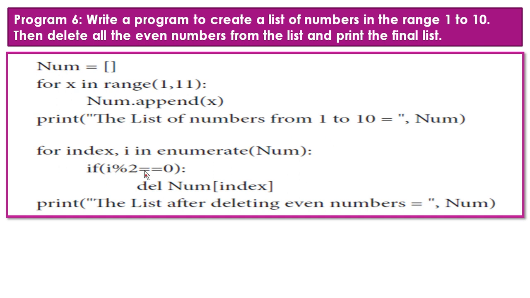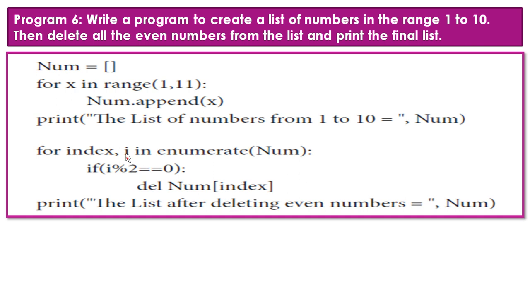In the next section, from the list 1 to 10, the values divisible by 2 are deleted by using the del command. The del command you studied in the previous class. So del num of index.